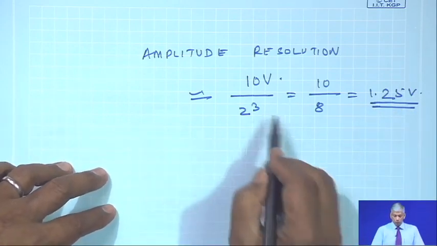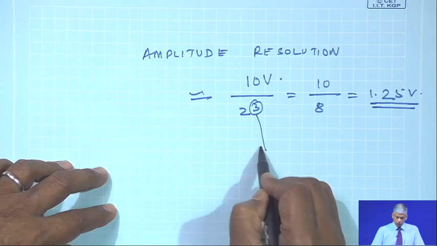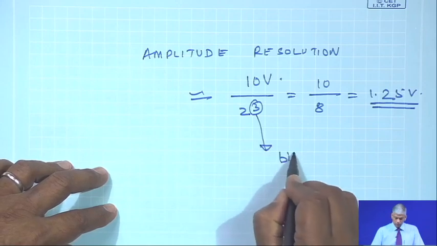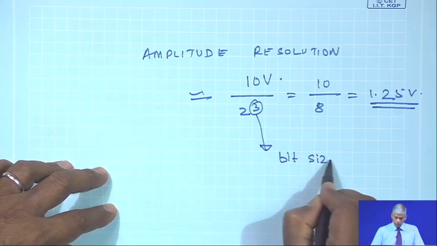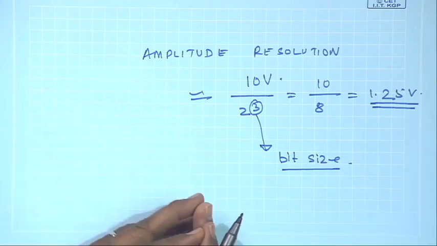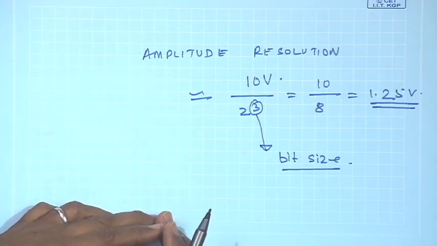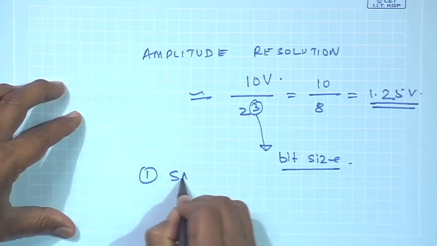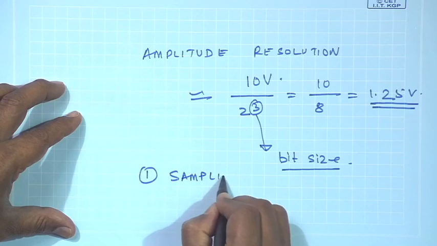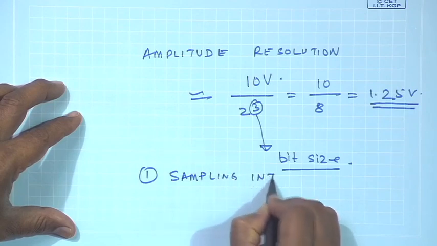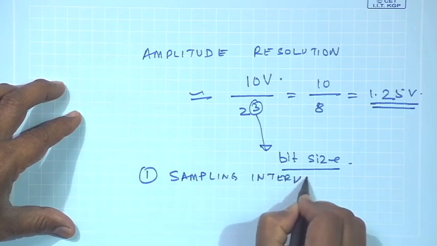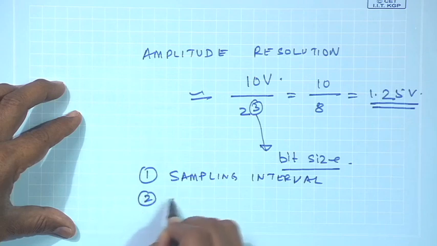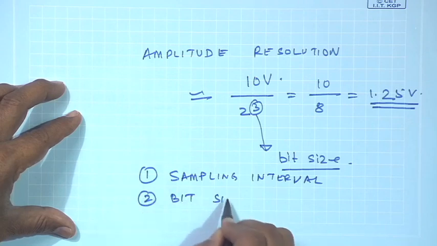You see, this bit size plays an important role in the resolution of this A to D converter. So, one thing we have to keep in mind is the sampling interval, and I will give an example of the sampling interval, and the other is the bit size, apart from a few other things.